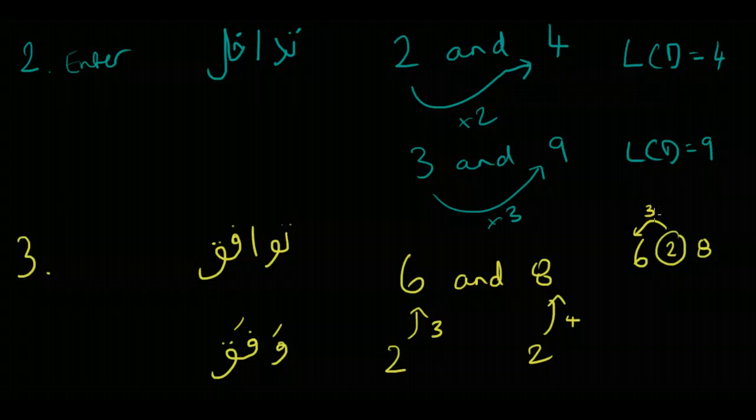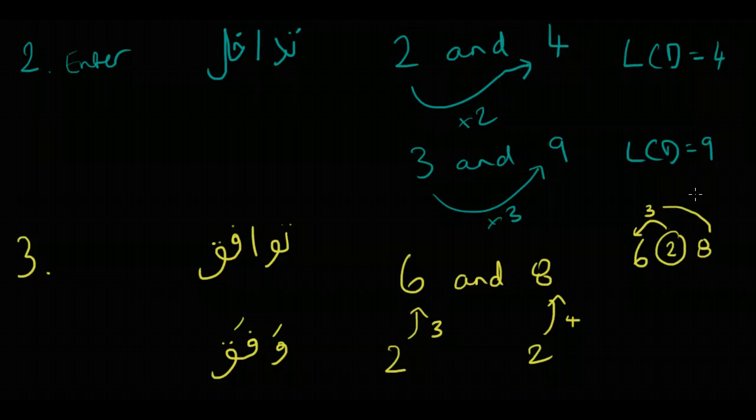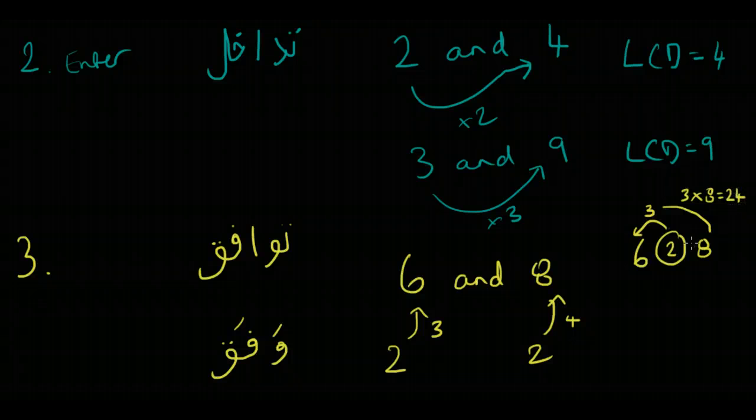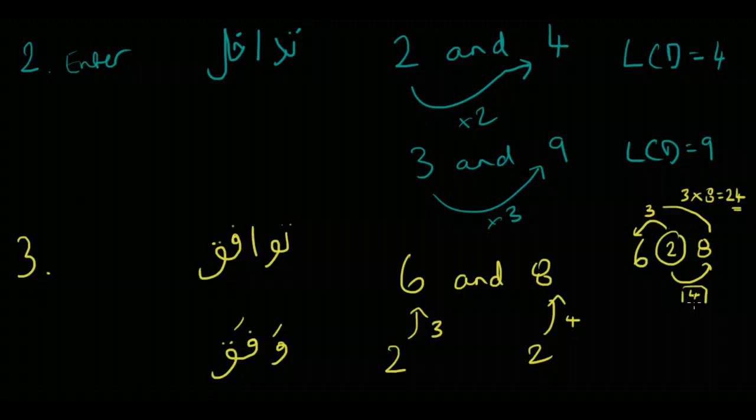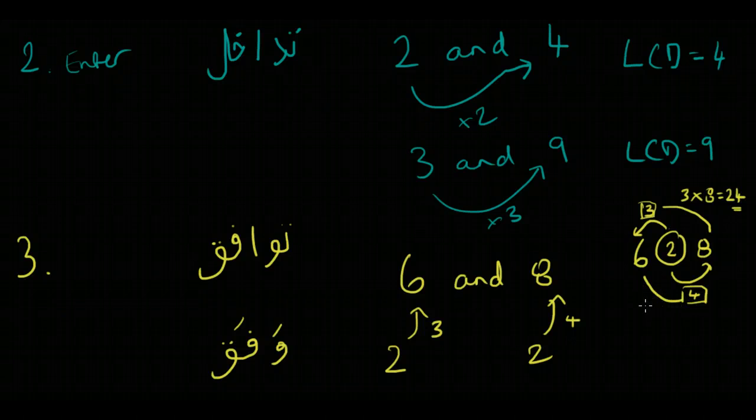So we take this 3 and we multiply it by 8, which gives us our lowest common denominator, which is 24. And we can do it both ways. So we know that 2 goes into 8 4 times. So we take this number 4, and the wathaq is 2, we take this number 4 and we multiply it by 6.